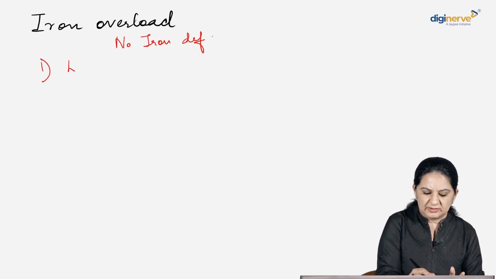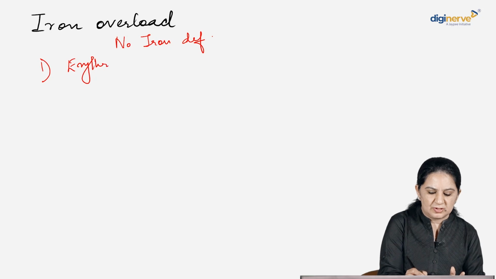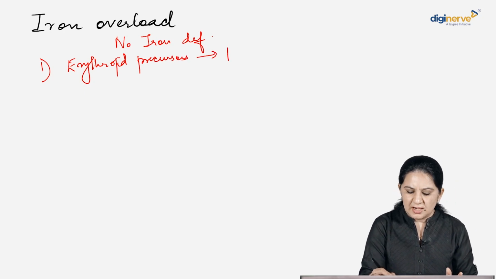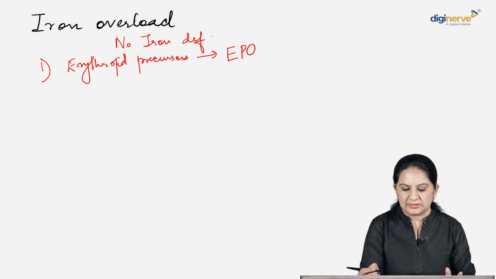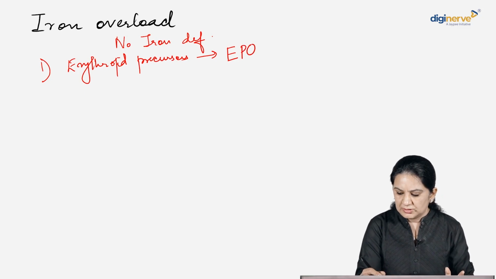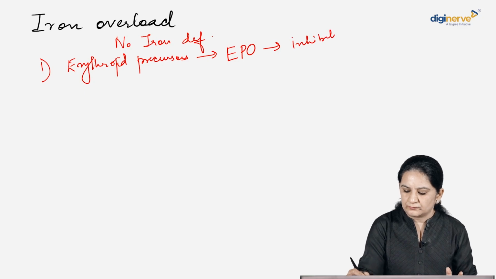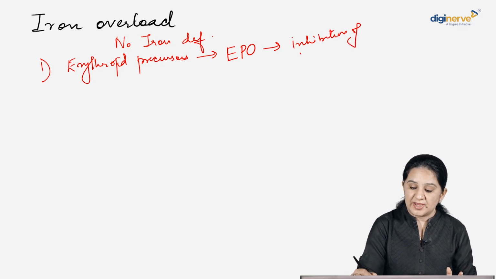First, erythroid precursors, because of ineffective erythropoiesis, act on erythropoietin, EPO. Now, this results in inhibition of hepcidin. Where did we study hepcidin?